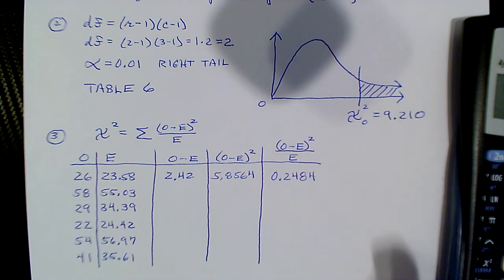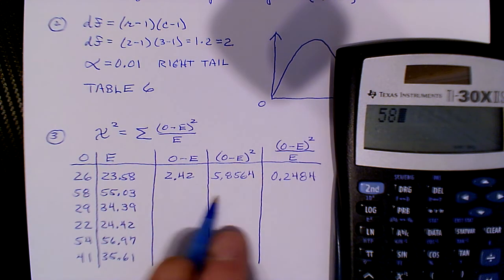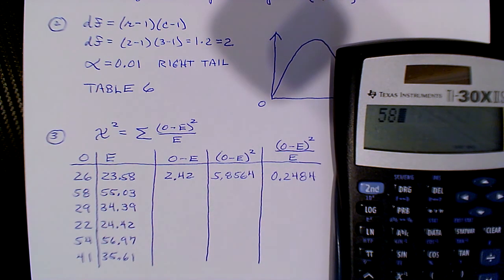Okay, I'll just show the next one, and then we'll just fill the rest of them in. So again, you really don't need to show these two columns here, the O minus E and the O minus E quantity squared.